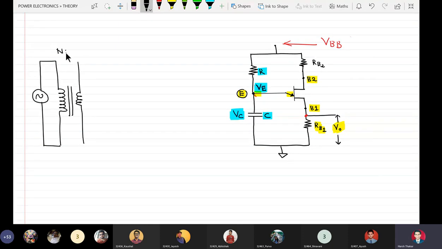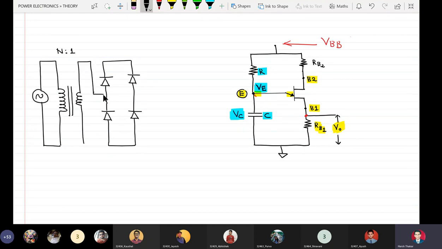This is a step down transformer, n is to 1. Here I have a bridge rectifier. Then I have a Zener.